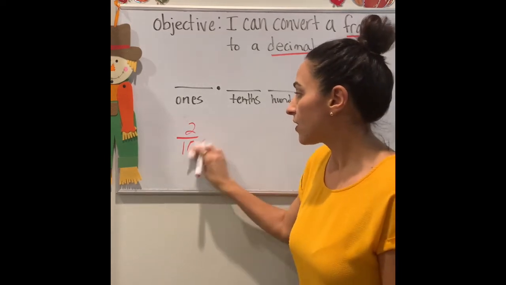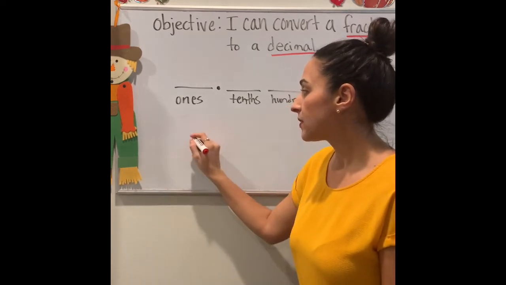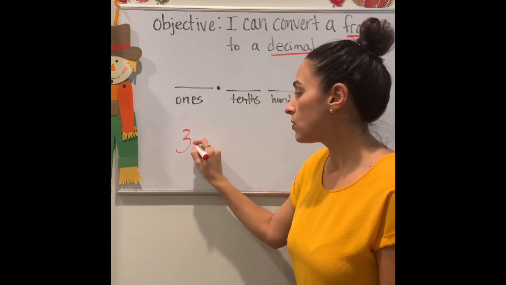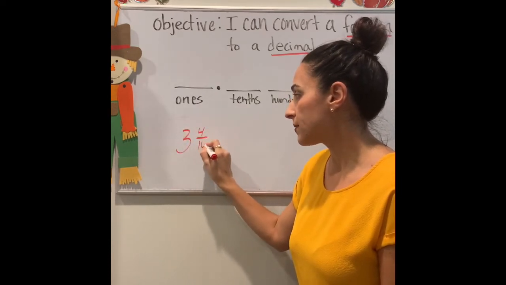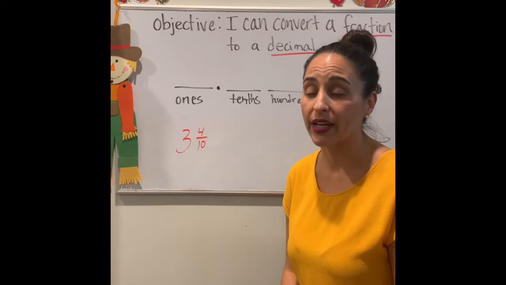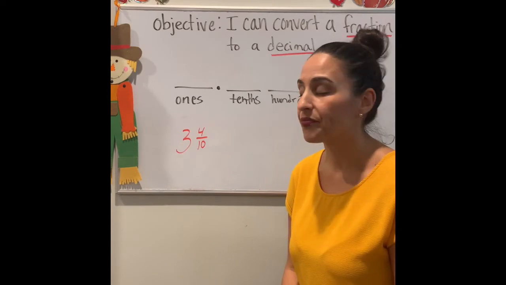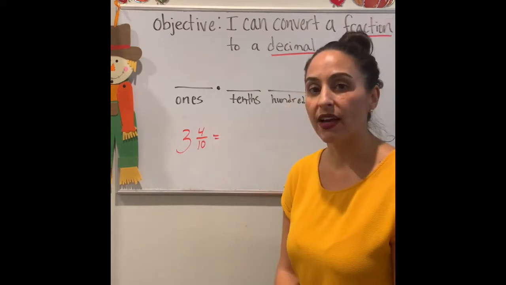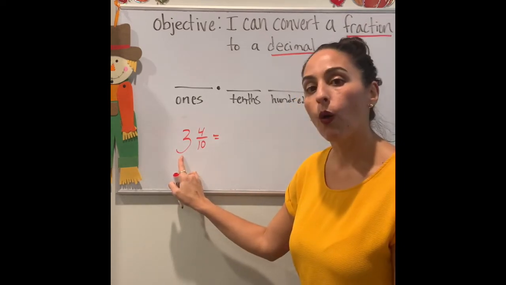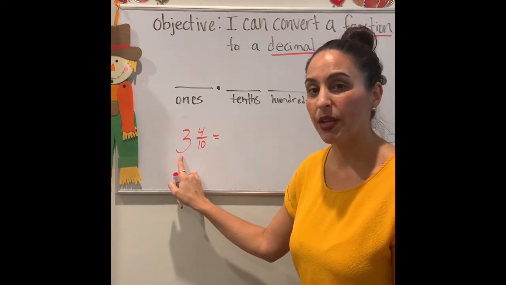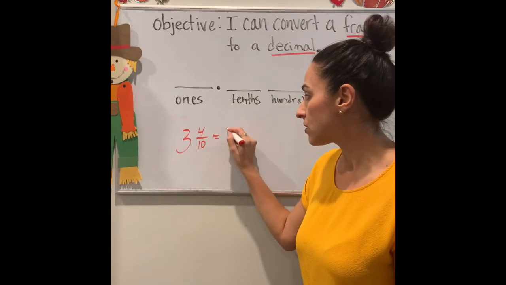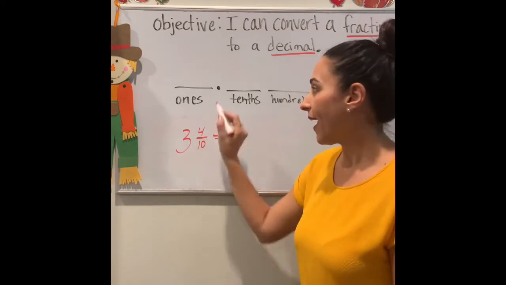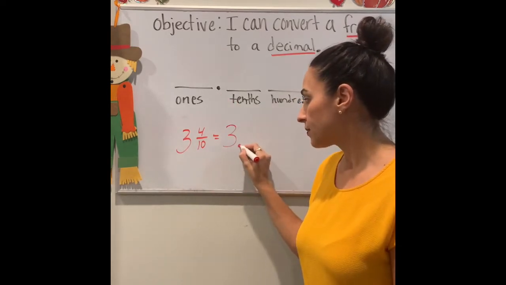Let's try another one. What about 3 wholes and 4/10? Now I have a mixed number and I'm changing it to a decimal, but it's the same idea. How many wholes do I have? How many whole pizzas do I have? 3 wholes. Repeat it. And put my decimal.